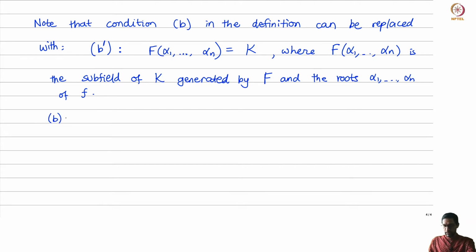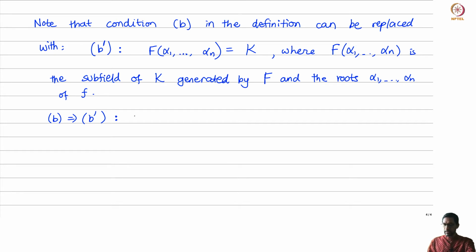Okay, and it's easy to see that you can replace B with B dash, meaning they are equivalent. For example, if you chose to keep B as your definition, then B dash follows naturally because of the following reason. B says that there are no proper subfields over which the polynomial f splits completely.